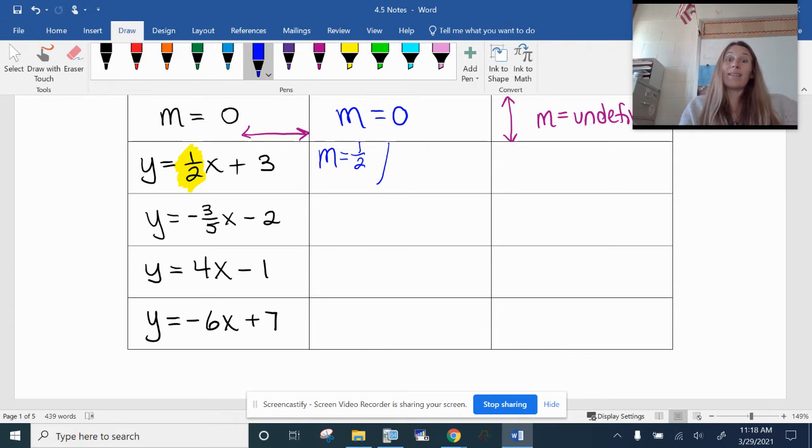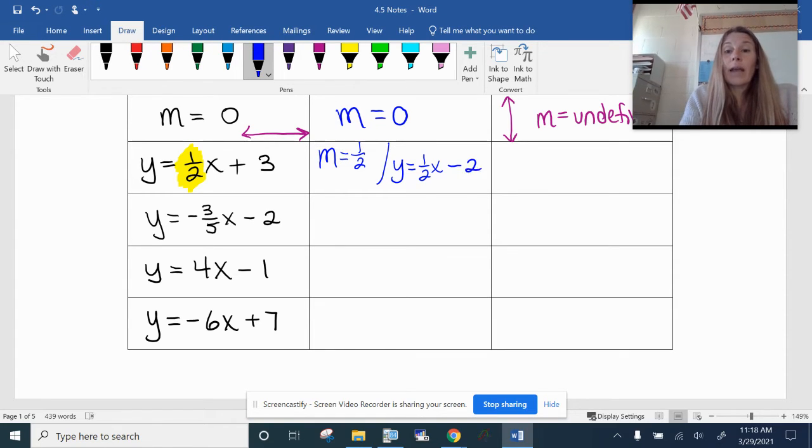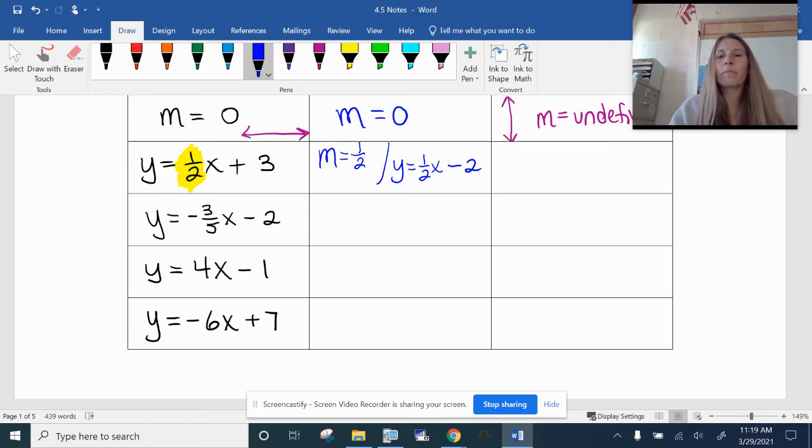However, if I'm going to write the equation here, it would be y equals 1/2 x, and then any other b value could work here. So if they don't give you the specific information, they just say write an equation of a line that's parallel to this one, I can come up with any other b value, just not the +3, because if I write +3, then it's not a parallel line, it's the same line.